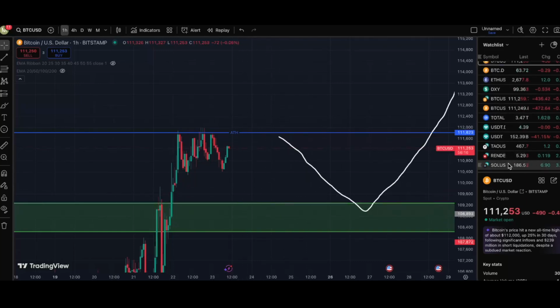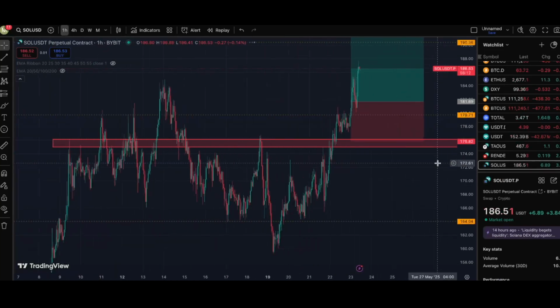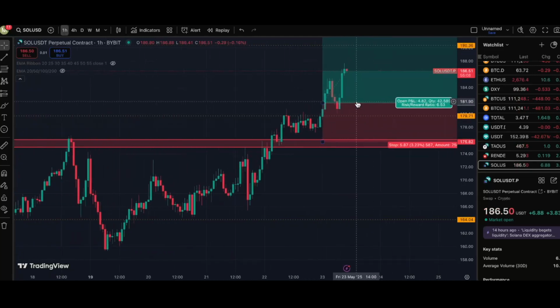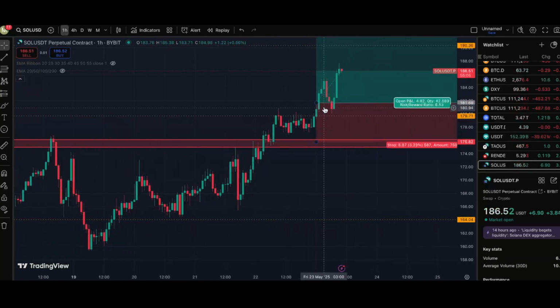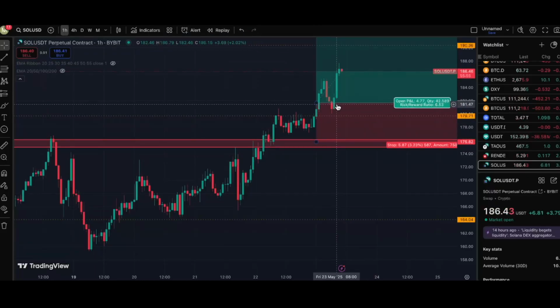Same for Solana. Solana is running very, very strong now. So we see here our trade. I gave the trade around here, that when we get the retest, that was exactly the trade we got, the buy zone at 180 US dollars. There we get a perfect entry.